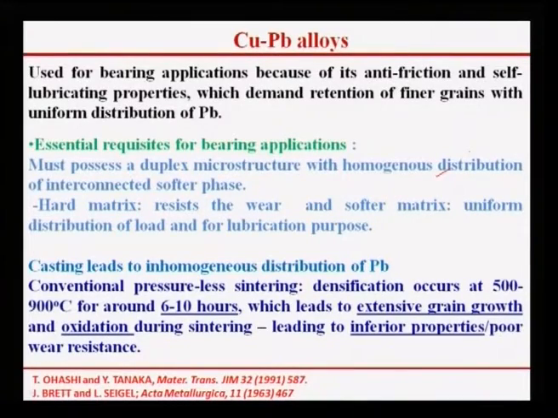You start increasing the copper grain size and also start creating the problem of oxidation. So conventional sintering has this problem of extensive grain growth and oxidation, and this leads to inferior properties.